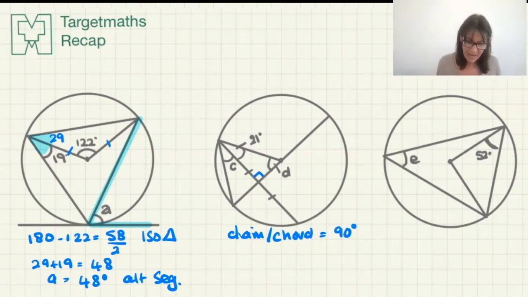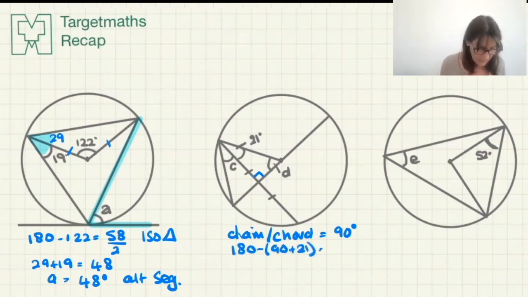Okay. And then I can see that there is a triangle here, which means I can now find D. So I'm going to be doing 180, take away 90 plus 21. That's going to give me 69 degrees.